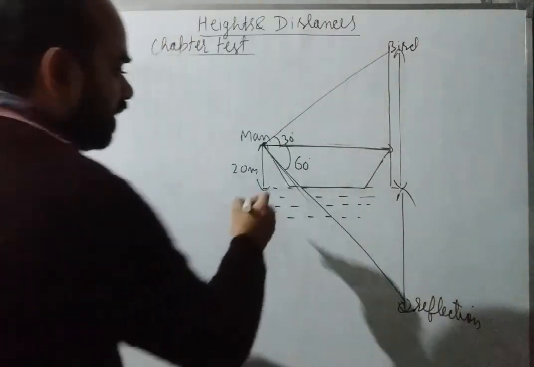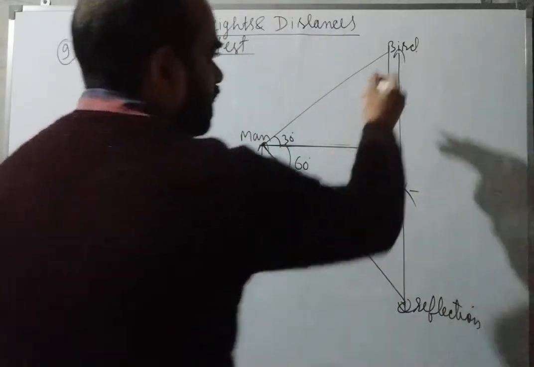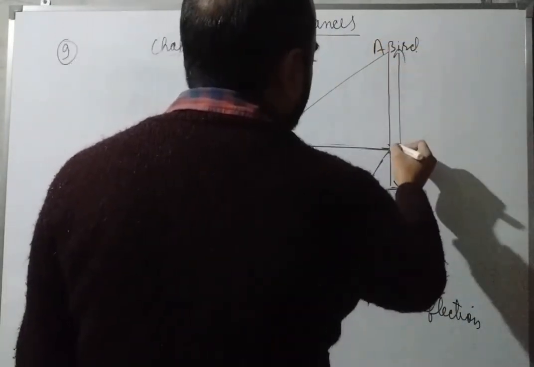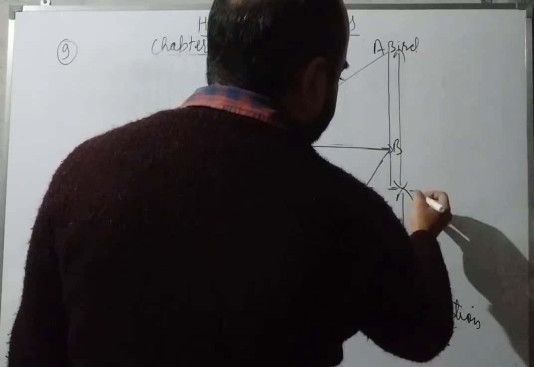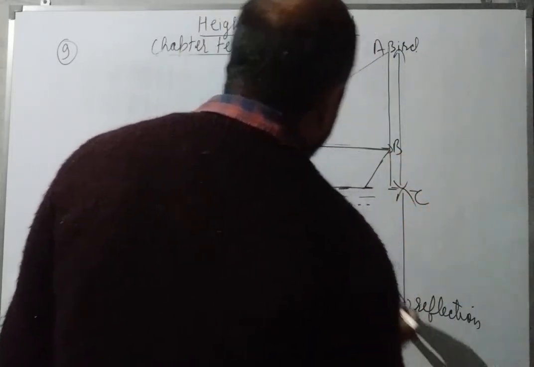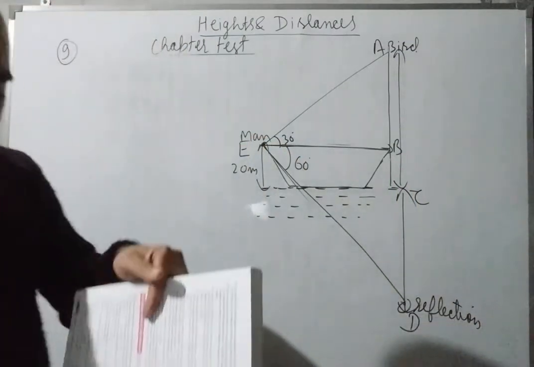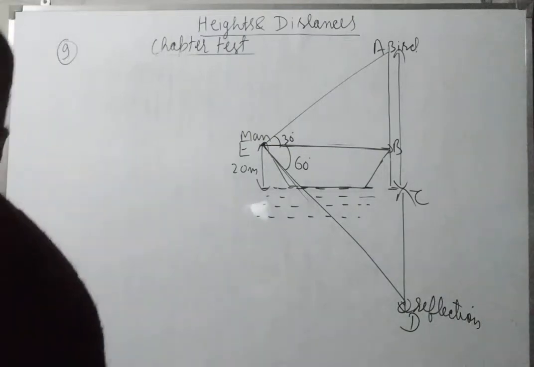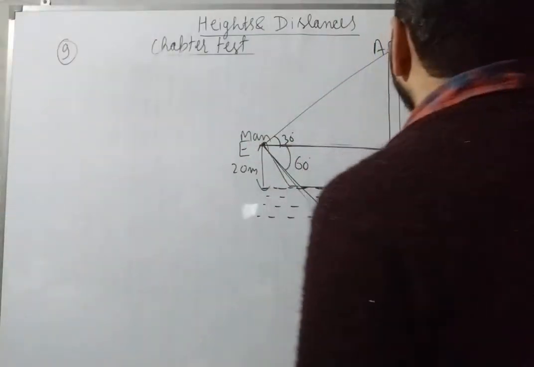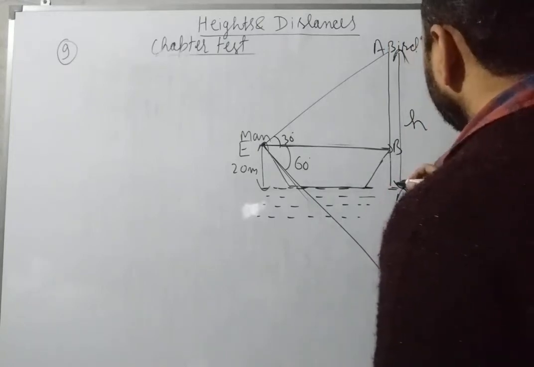Okay, so reflection means these two distances will be the same. So suppose this is A, B, C, D, E. So we have to find the height of the bird. Height of the bird means height from the sea level, that is this height from the sea level.